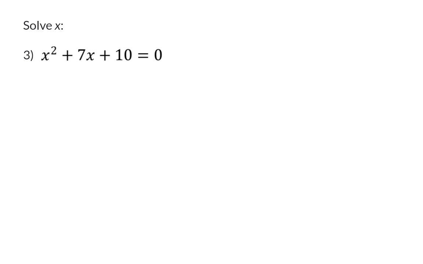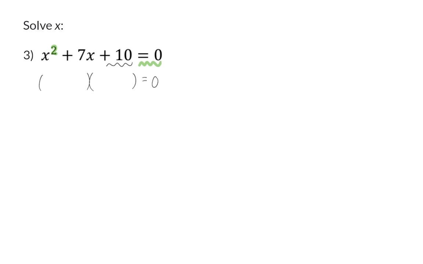In example 3, we once again have an equation that needs to be factorized because we have a degree that is bigger than 1. In this case, however, the right-hand side is already equal to 0, so we can immediately factorize. On the left-hand side, we have a trinomial which we can factorize into 2 brackets using the factors of 10.